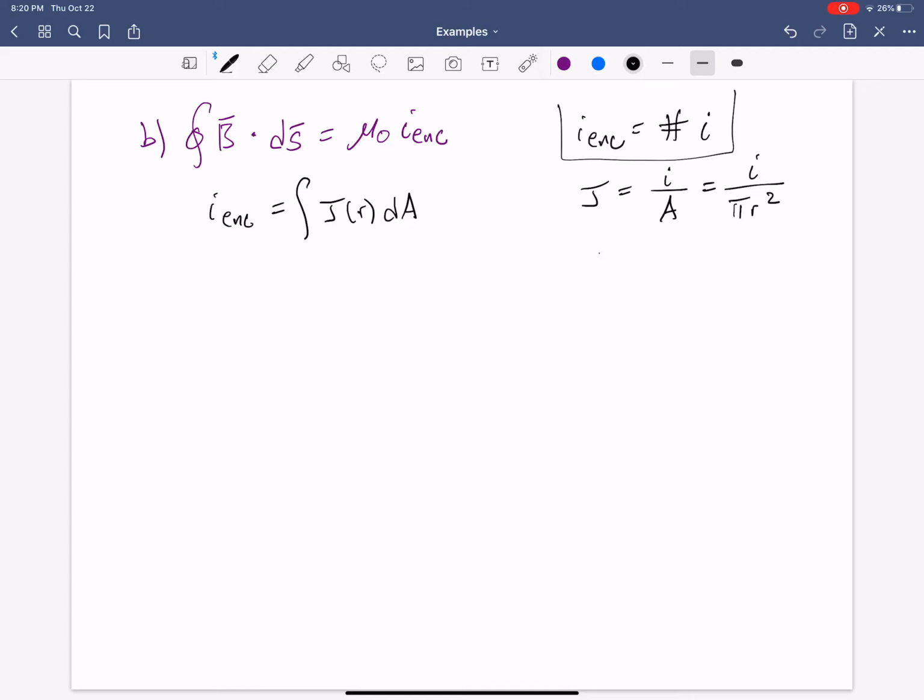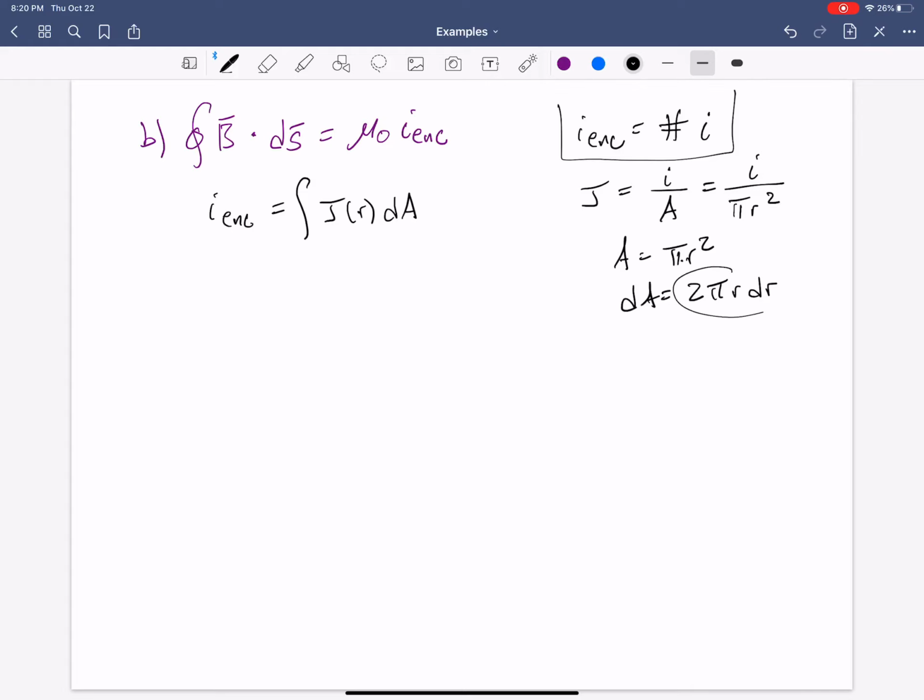Now we need to get dA, though. Right, so if area is pi r squared, dA is the derivative of that with respect to radius.